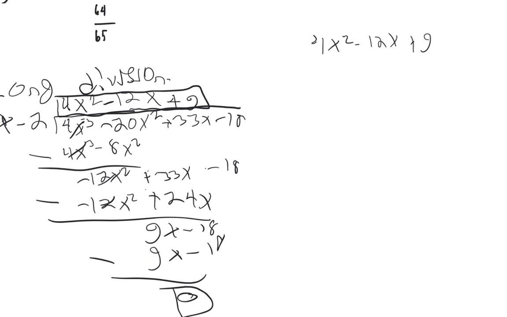So we're going to get negative b, which is 12, plus or minus the square root of b squared, 144, minus 4ac, which is 4 times 4 times 9, which is 4 times 36, which is 120 plus 24.